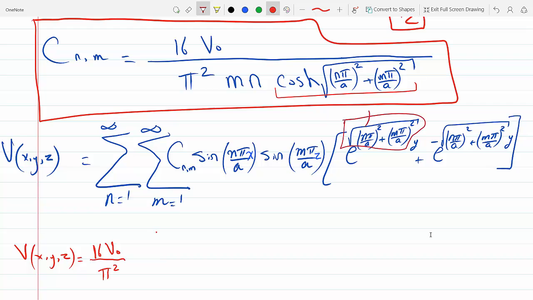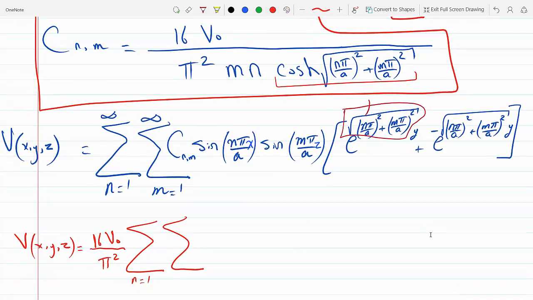So double summation, right? n equals 1. Oh, remember, only the odd ones survived. So n equals 1, 3, 5, because all the even ones went to 0, etc. And same thing for m, 1, 3, 5, etc. And CNM turned, so this is 1 over m n.